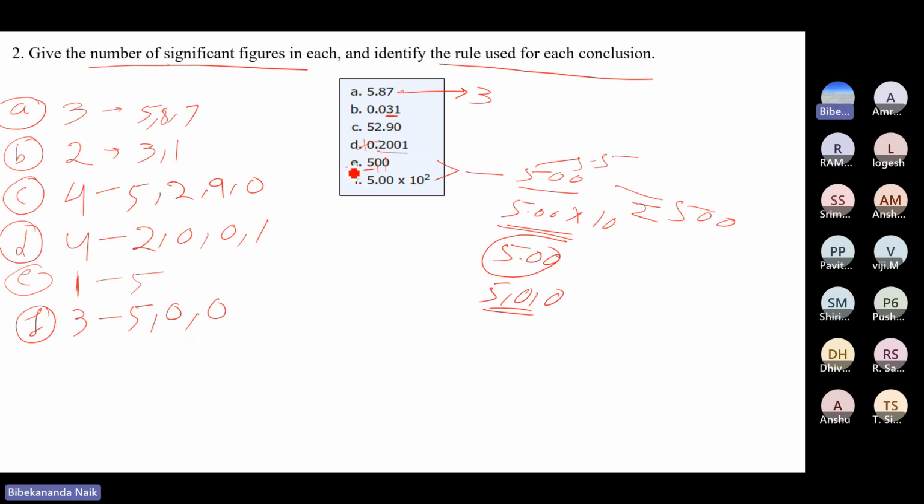So in case E, there is only one significant digit, but in case of F, there are 3 significant digits. Is it clear to all of you? Yes. Does anyone have any doubt? No, sir.